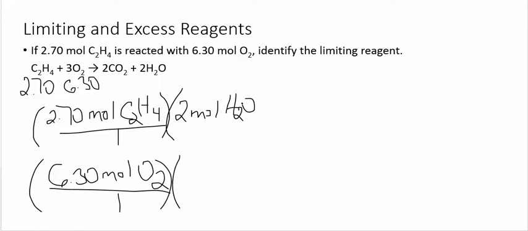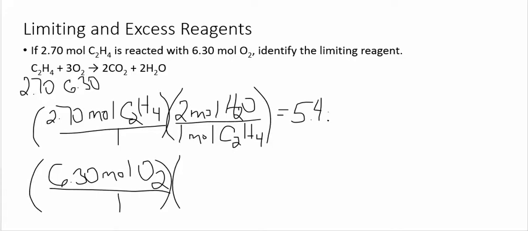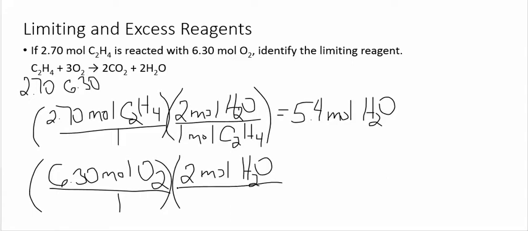We're already in moles, so do a mole-to-mole ratio. In the top equation, 2.7 moles of C2H4 would produce 5.4 moles of water. In the bottom, when I'm starting with 6.3 moles of oxygen, my mole-to-mole ratio here is 2 moles of water for every 3 moles of O2.